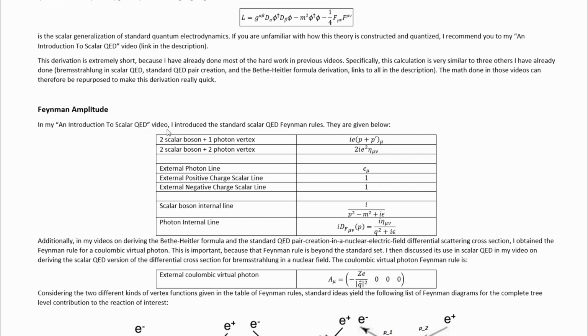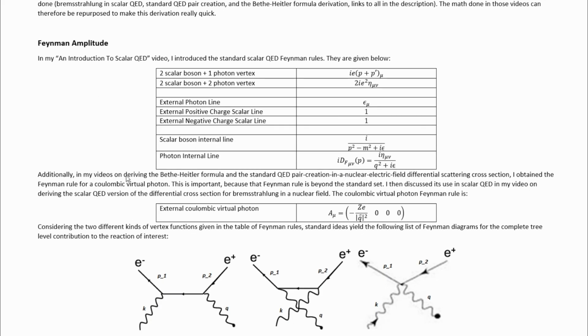In my An Introduction to Scalar QED video, I introduced the standard scalar QED Feynman rules, which are these. Additionally, in my videos on deriving the Bethe-Heitler formula and the standard QED pair creation in a nuclear electric field differential scattering cross-section, I obtained the Feynman rule for a Coulombic virtual photon. This is important because that Feynman rule is beyond the standard set.